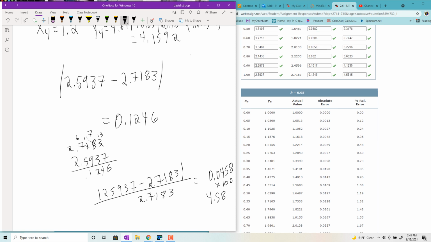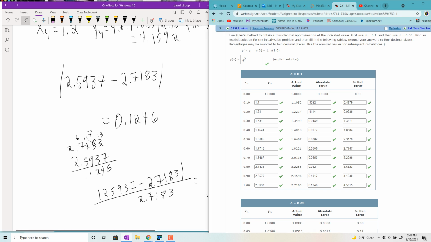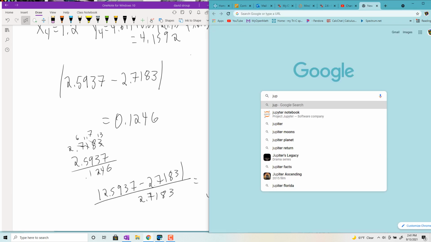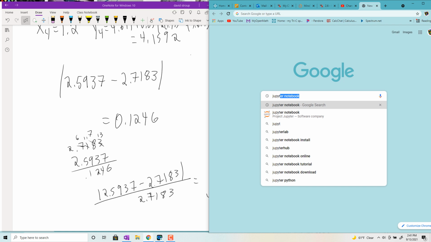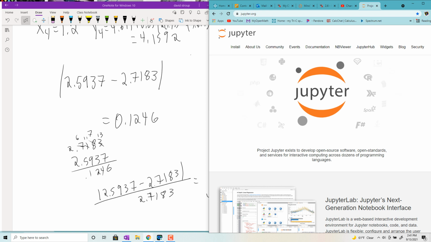You can code all of this Euler method stuff if you want to. You can go to a Python compiler. Jupyter is free now. So you can go in here if you get really ambitious.